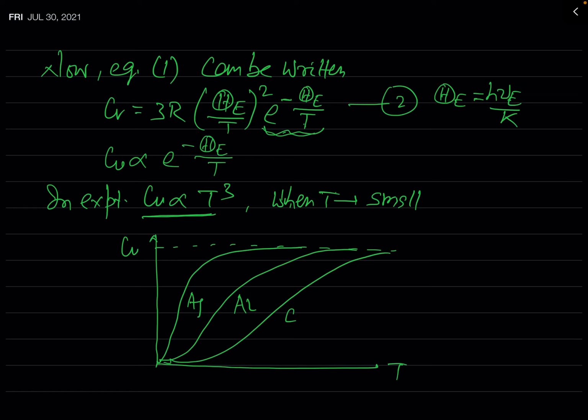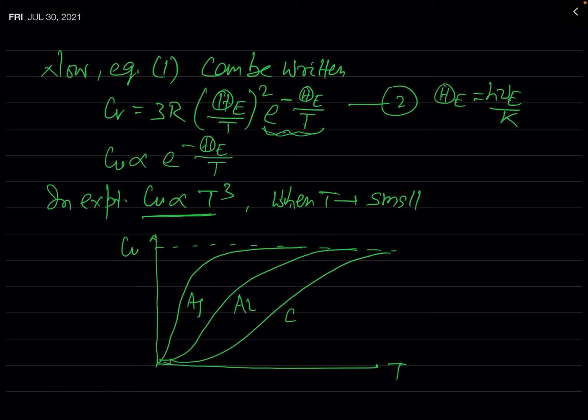So in this way, you can say that Einstein's theory predicts the correct values of the specific heat for various elements as observed in experiment. That is, Einstein's theory is in good agreement with the experiments.